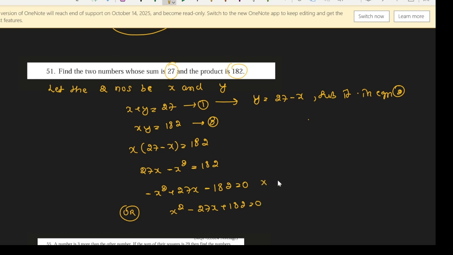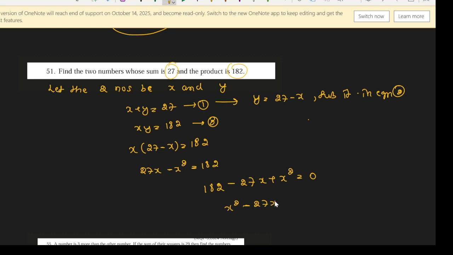Or else if this is creating confusion, simply what you do, keep the 182 as it is and shift the LHS to the opposite side. So plus 27x will become minus 27x, and minus x square will become plus x square. Now you convert this into standard format, ax square plus bx plus c.